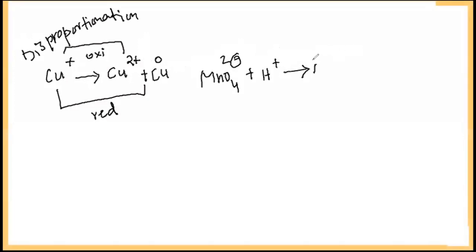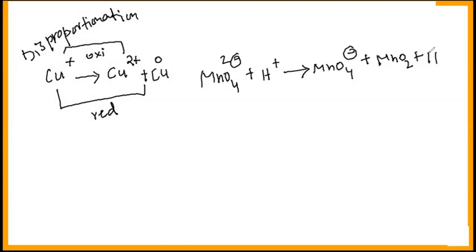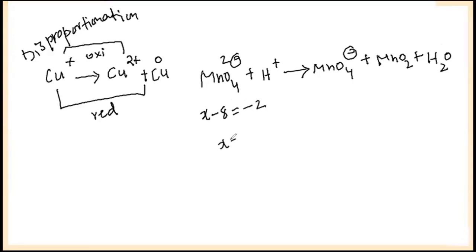MnO4 2 minus plus H plus gives rise to MnO4 minus plus MnO2 plus H2O. Here, in MnO4 2 minus, X minus 8 is equal to minus 2, so X is plus 6.